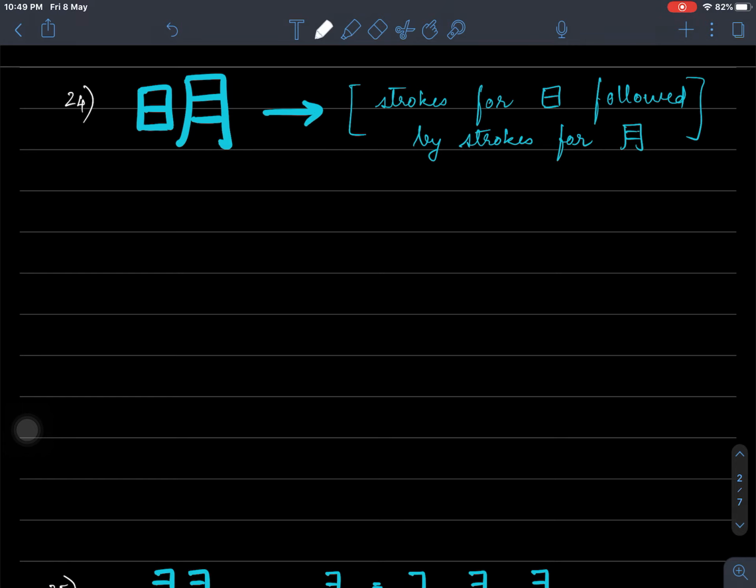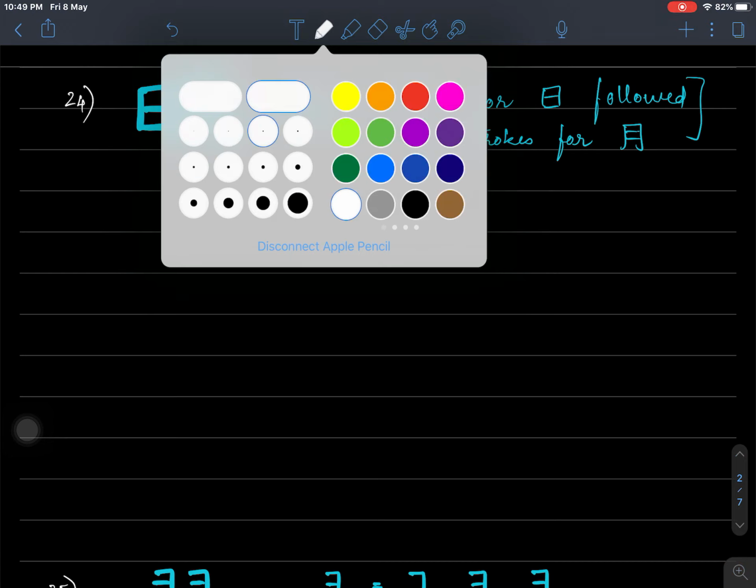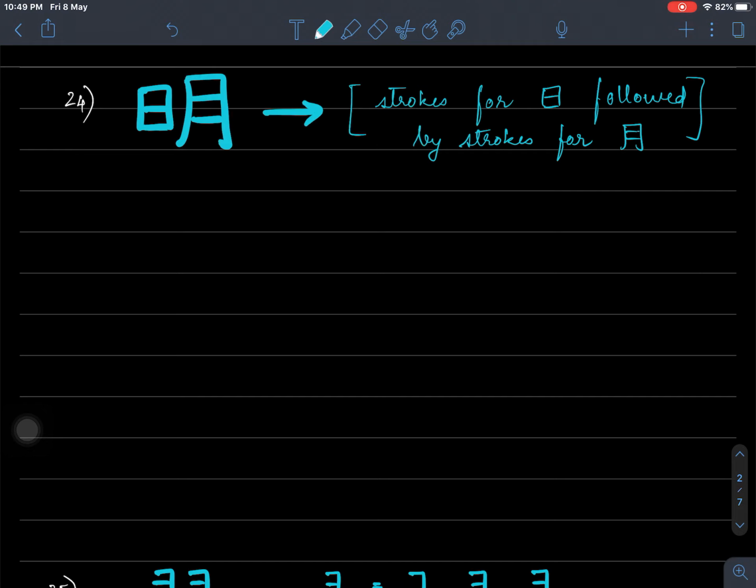Now here I have not written the stroke order because both of the component kanjis, so in case it wasn't clear, I am referring to this as one component and the other one as the other component.